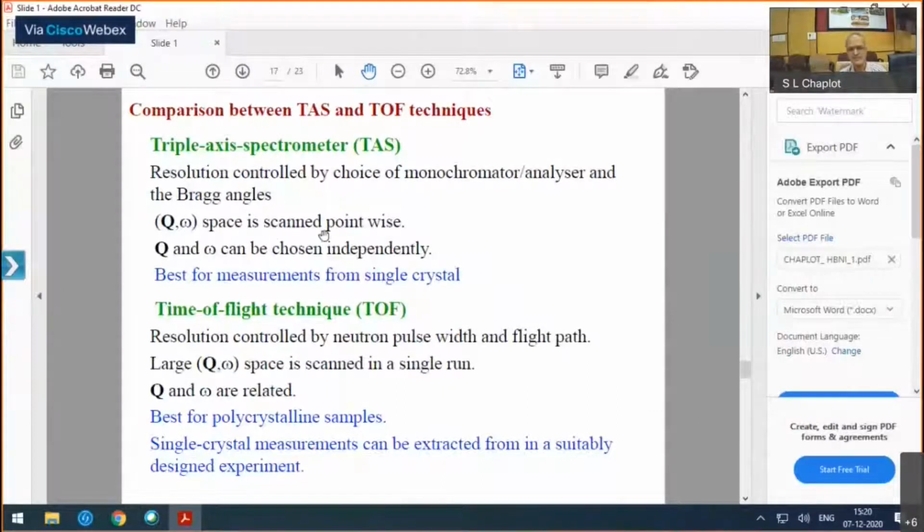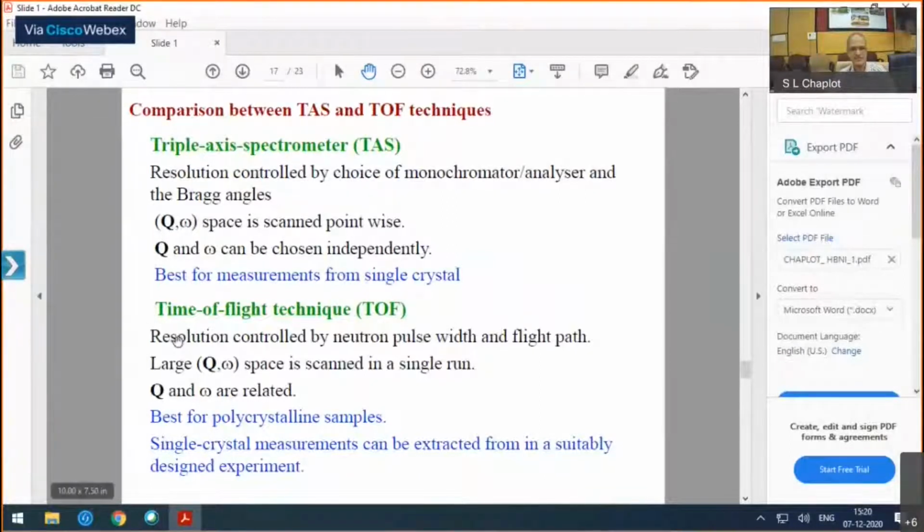So every step in the scan gives you one point in the Q-omega space. But then this can be chosen all independently, and then one can find out how the spectrum is in this case. This is best for measurements using single crystals, where it is important to identify the values specifically.